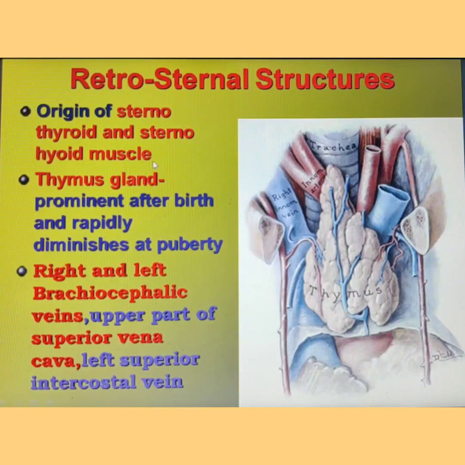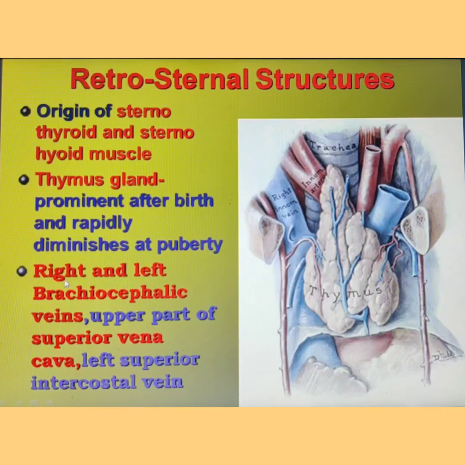So the origins of the sternothyroid and sternohyoid muscles are contents of the retrosternal structures in the superior mediastinum. Then the thymus gland, which is prominent after birth and rapidly diminishes at puberty, right? The thymus is a lymphoid organ.